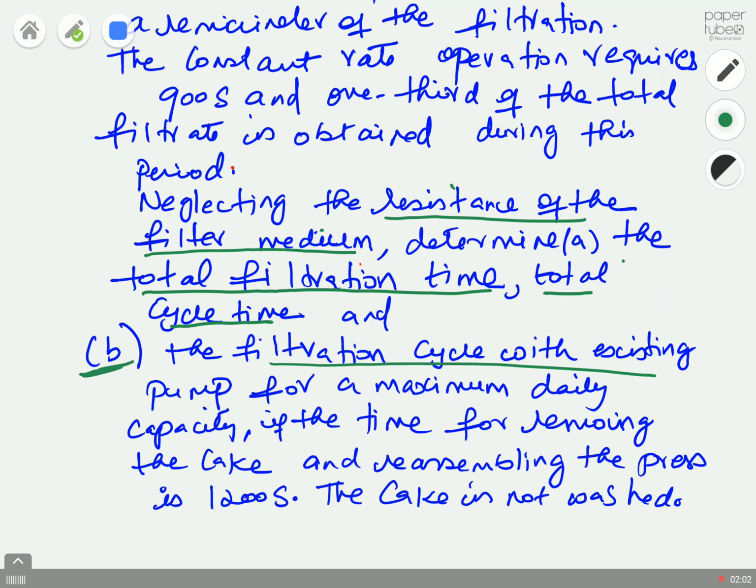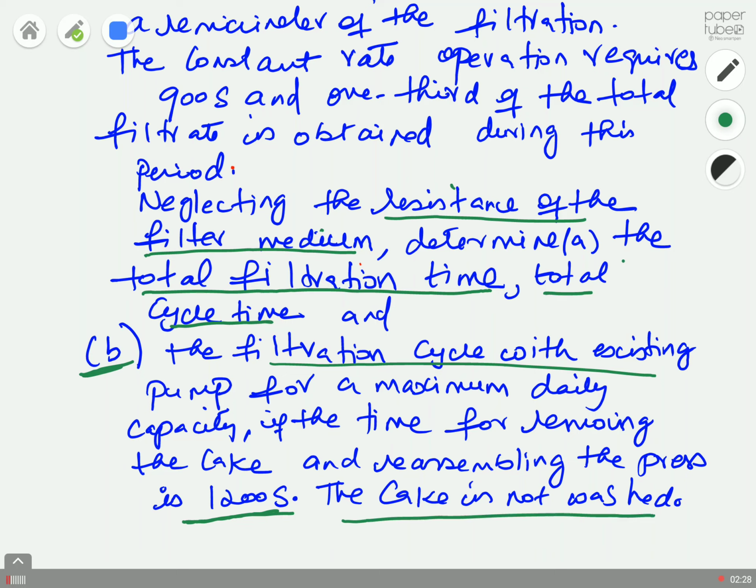It is part B: the filtration cycle with the existing pump for a maximum daily capacity, if the time for removing the cake and reassembling the press is 1200 seconds. So we filter, then remove the cake and reassemble the press, and this time alone is 1200 seconds, and the cake is not washed.